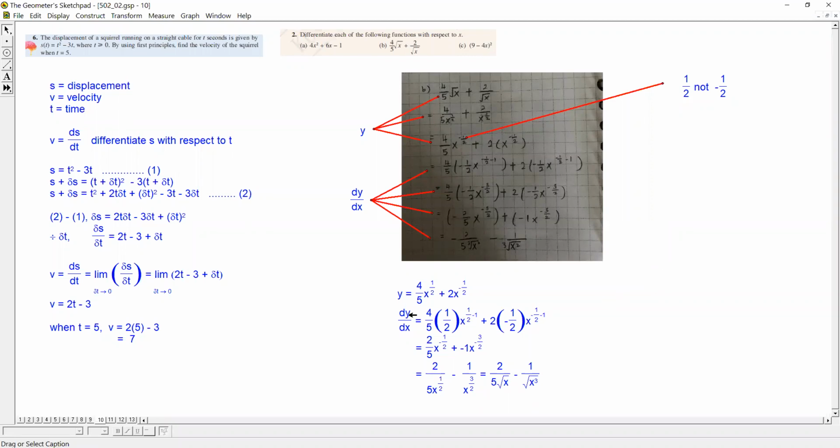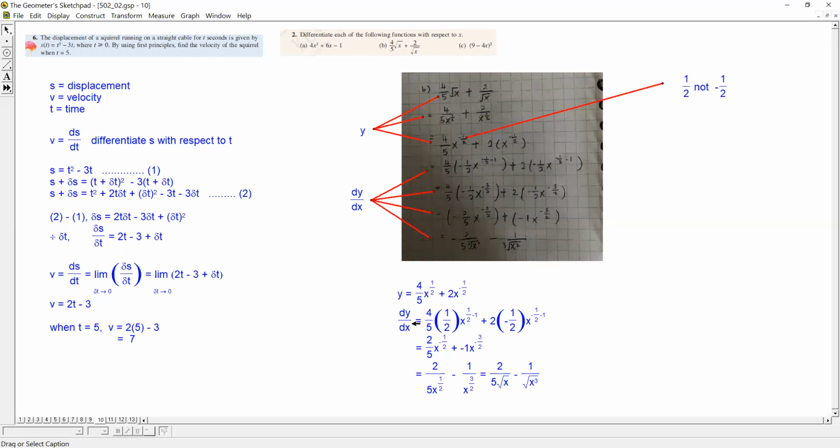But if it is not y and x, but volume and radius, then it is the rate of change of volume with respect to the change in radius. It's a comparison between the change in volume and the change in radius. But you don't have to worry about all those things. When we come to it, I will let you know.